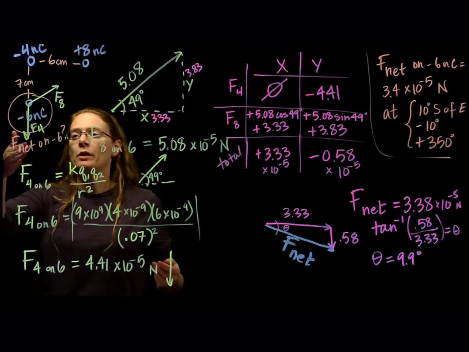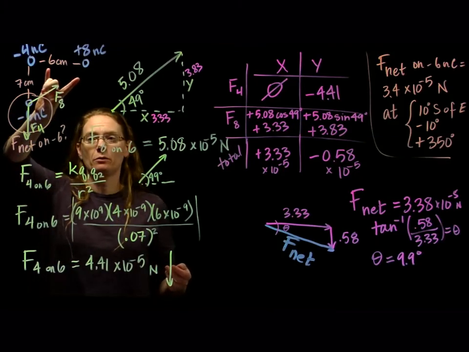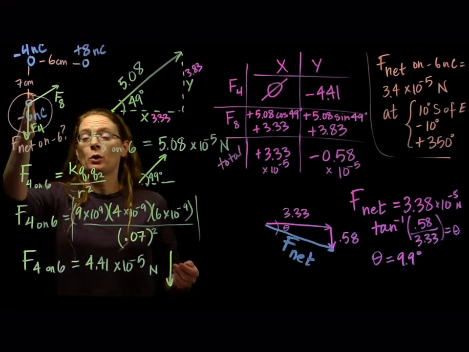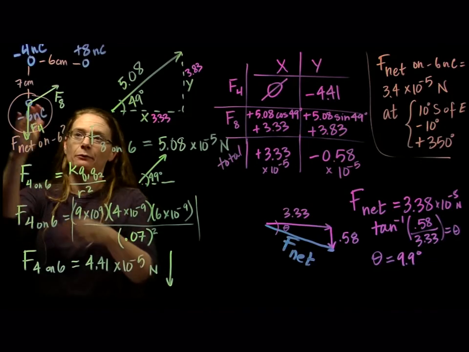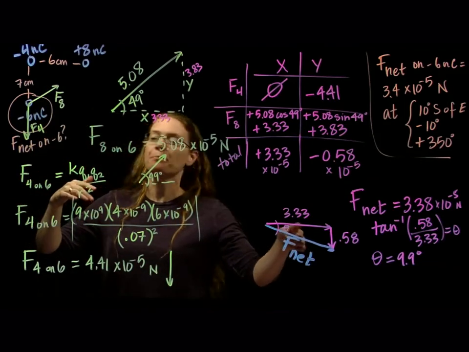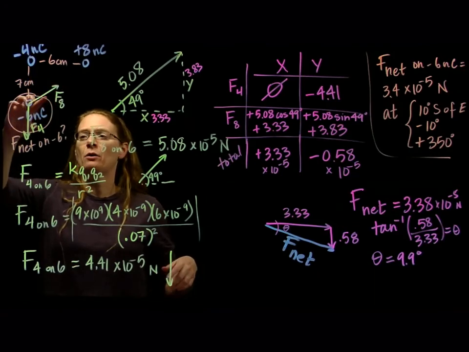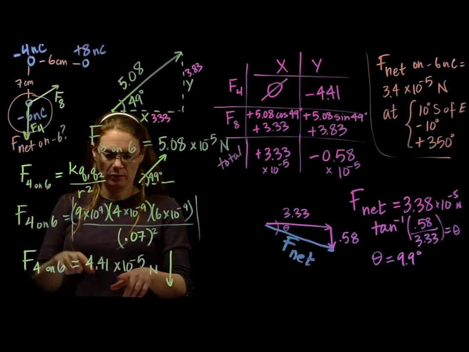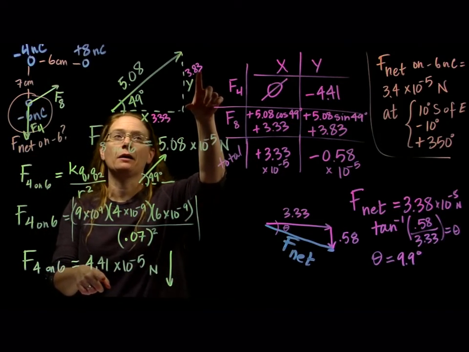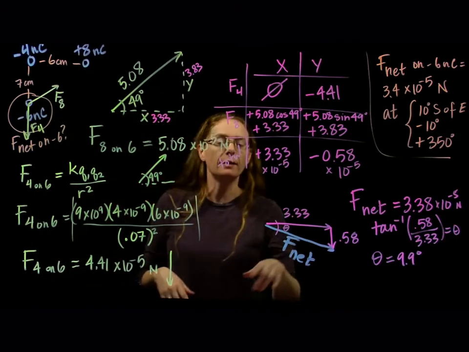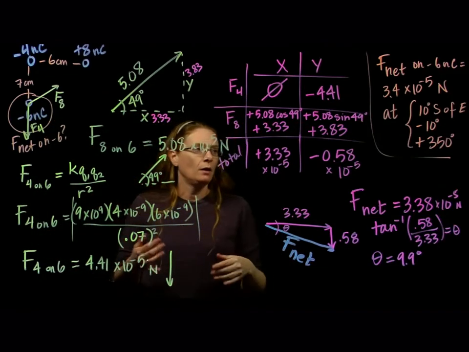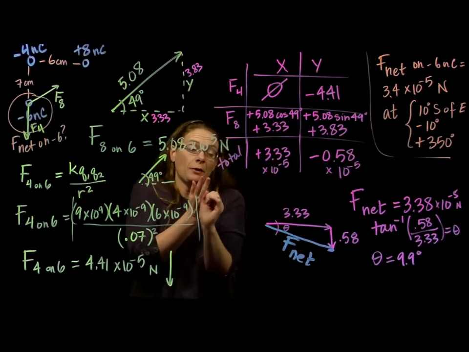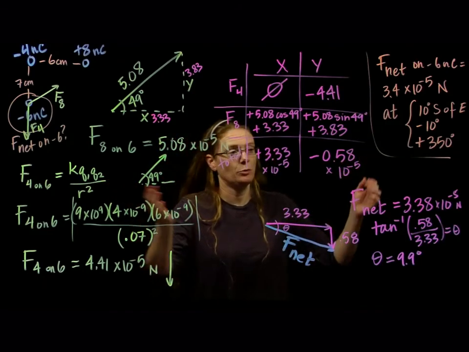We had one thing going down and one thing going to the right. We know the total force has to go to the right because there's nothing to the left. So it has to go to the right. Yep. And then up or down, well, the down was that big. The up was, yeah, not that much bigger. So down and to the right does seem reasonable. So we've answered the question, and as far as we can tell, the answer is reasonable.